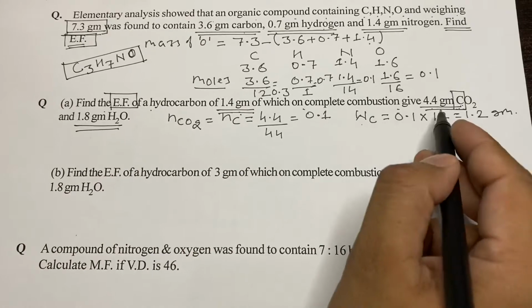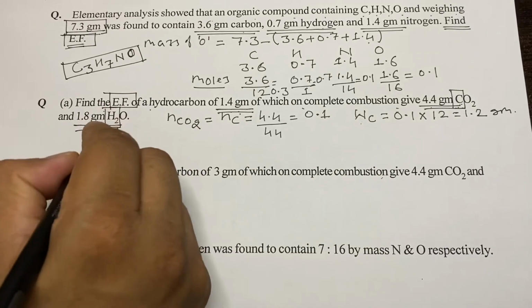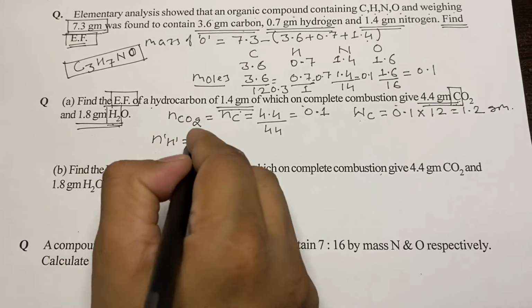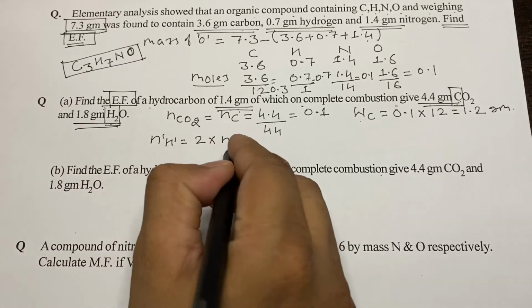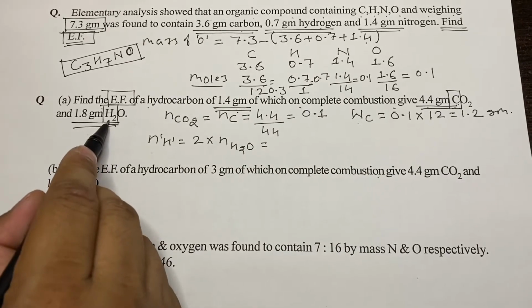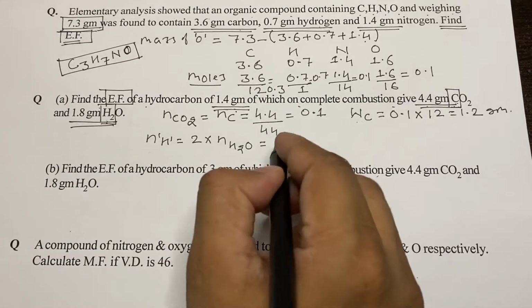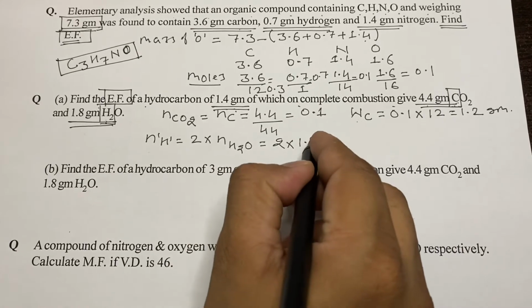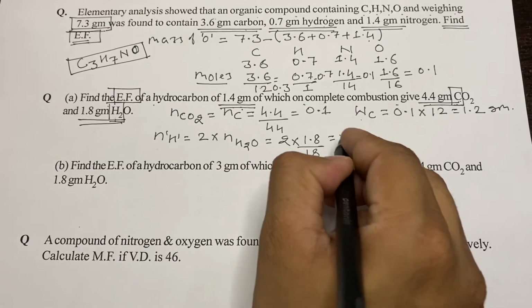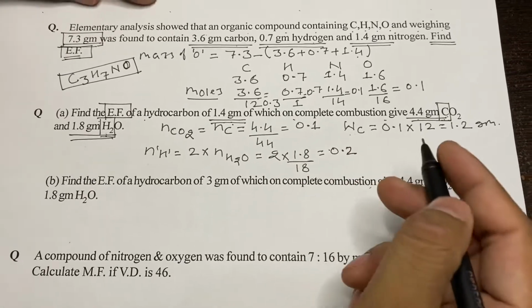Now we can calculate the moles of hydrogen present in this. Definitely the moles of hydrogen will be equal to twice the moles of water, because 1 mole of water contains 2 gram atoms of hydrogen. So 2 into 1.8 divided by 18 should be equal to 0.2 moles of hydrogen.